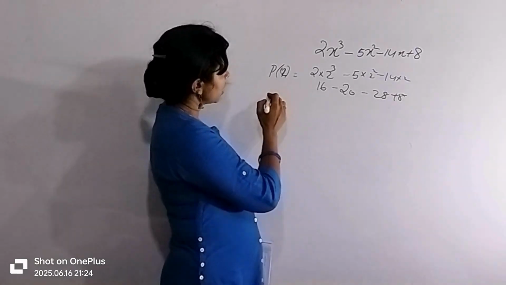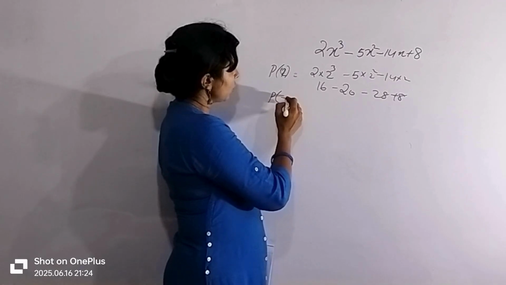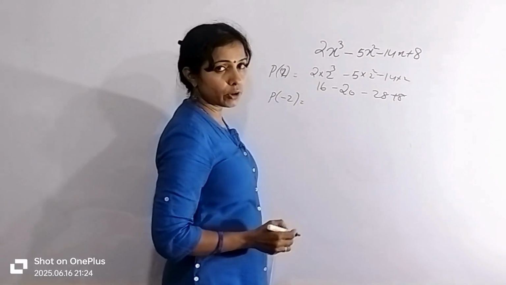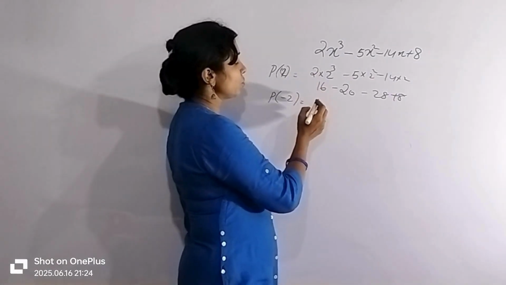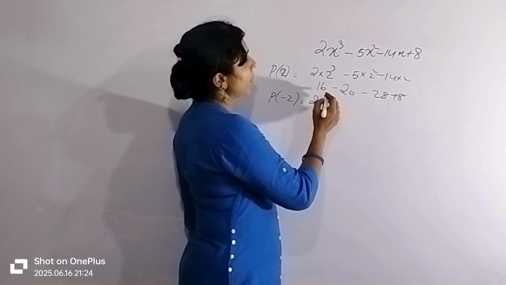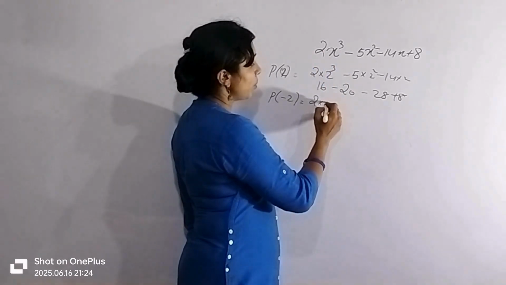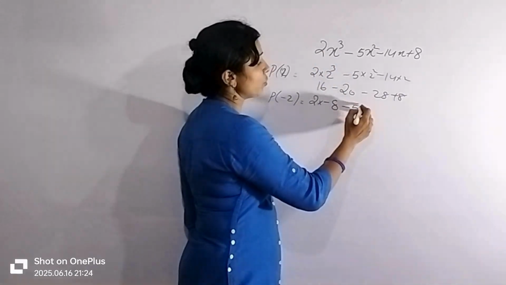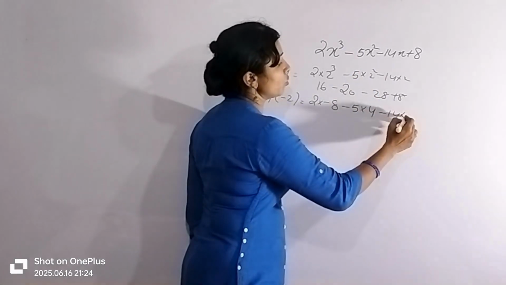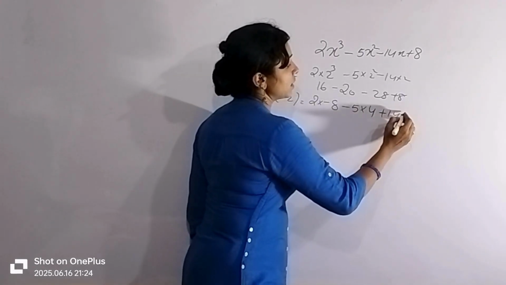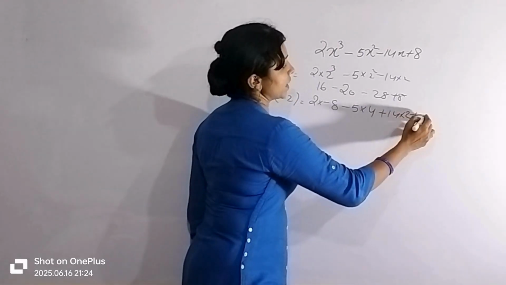Then I'm putting x is equal to minus 2. Have a look. I'm just going to find out only one zero. So 2 into minus 2 the whole cube is equal to minus 8. Minus 5 into minus 2 the whole square is equal to minus 5 into 4. Minus 14 into minus 2 is equal to plus 28, plus 8.